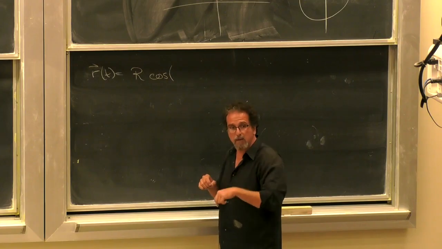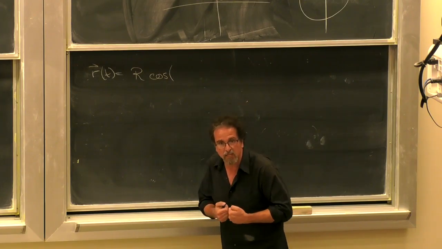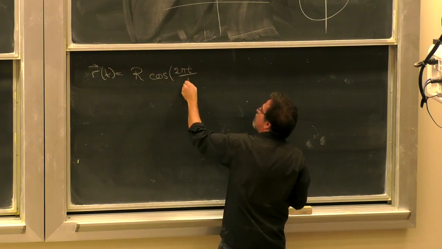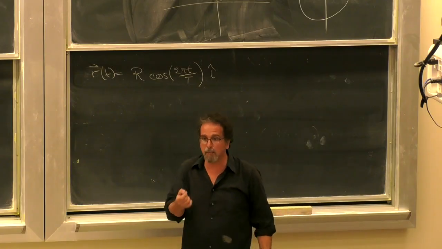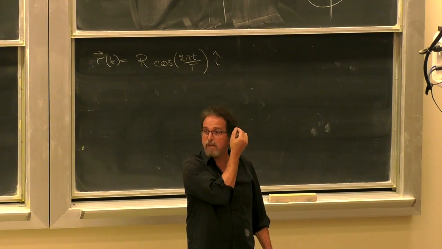You cannot pass time alone as an argument to cosine or sine. It must be a dimensionless thing. So what I'm going to say is it's going to be 2 pi t divided by capital T, i hat. Capital T is a number. It's the period, the time that it takes for that curve to make it back around.